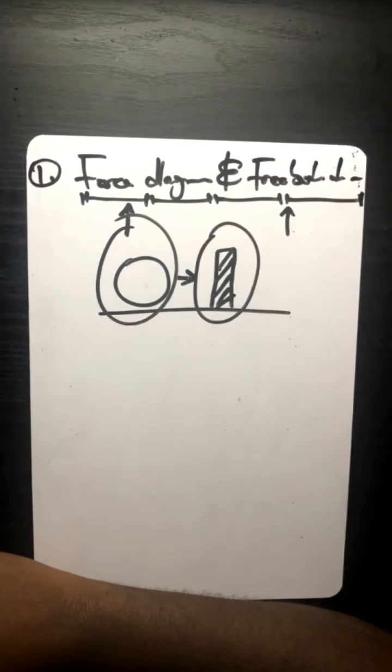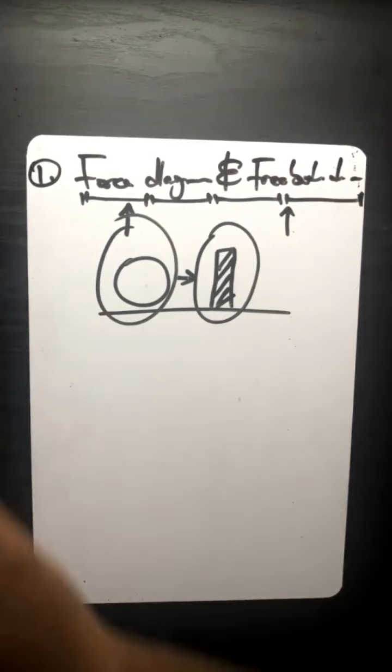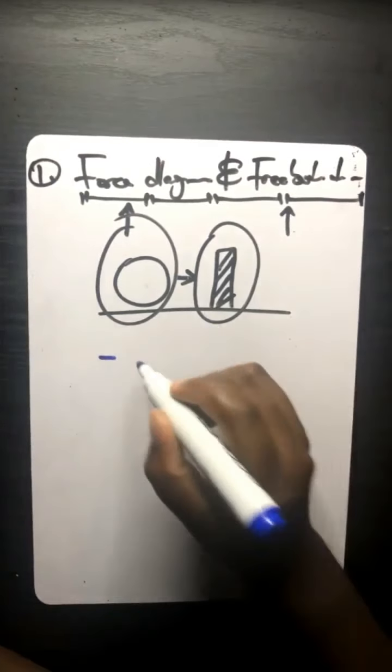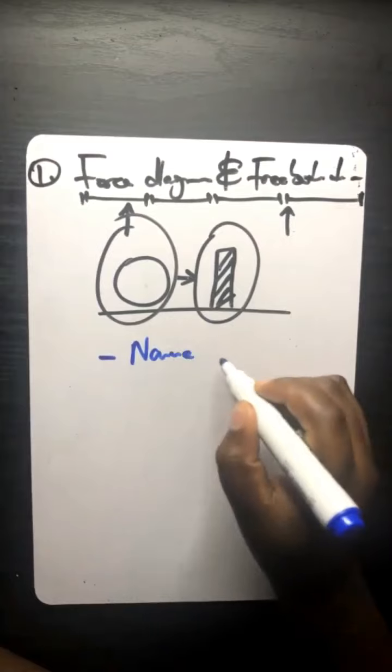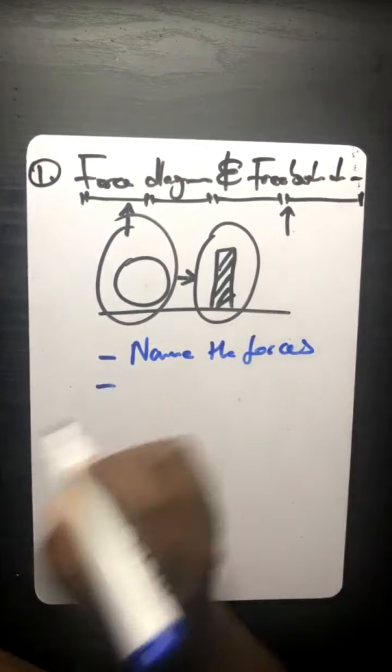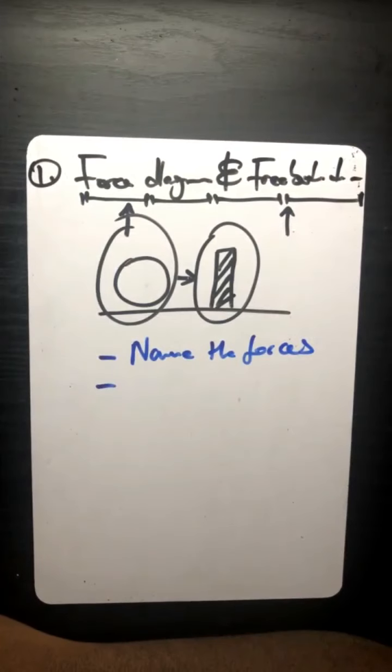So when you answer questions about force, you must, ladies and gentlemen, do the following. Very, very much important. The first thing, name the forces. Secondly, state which object exerts a force on which object.